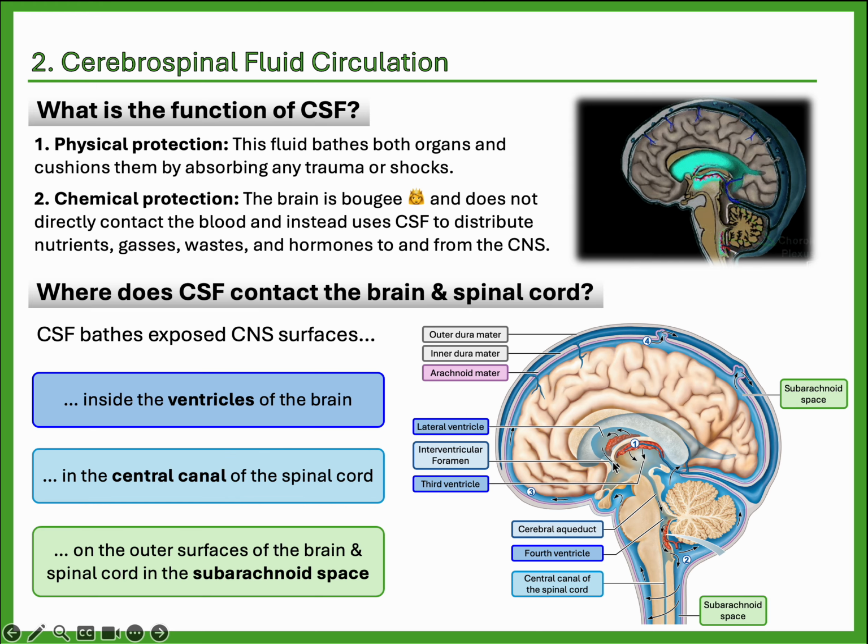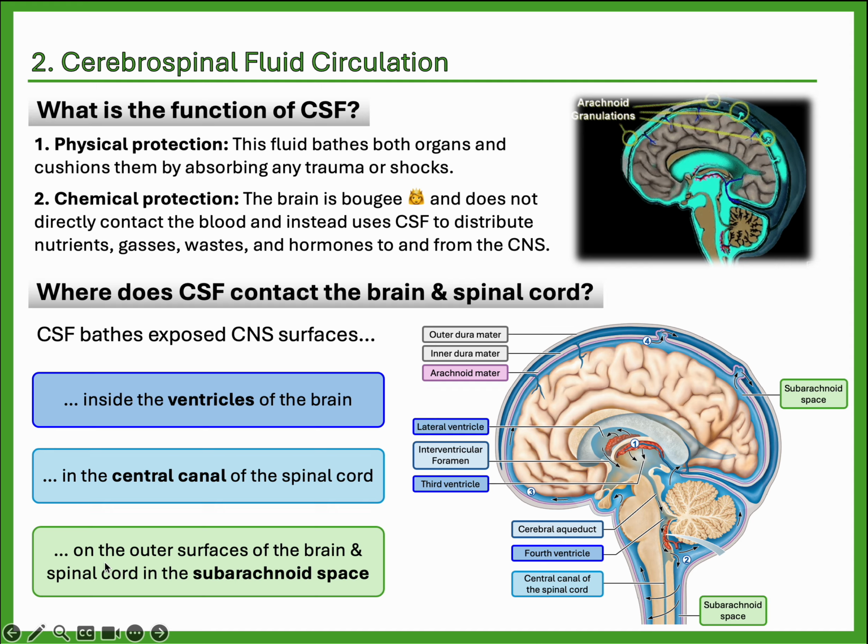This would be my interventricular foramen. This would be my third ventricle flowing down through the cerebral aqueduct into the fourth ventricle, into the central canal, right? So all of the ventricles of the brain inside, the CSF feeds the neurons that are around these ventricles and around the central canal. All this spinal cord needs to be fed with nutrients, with oxygen, right?